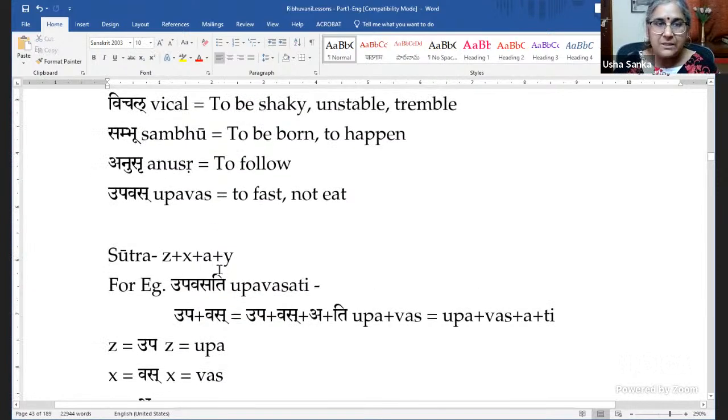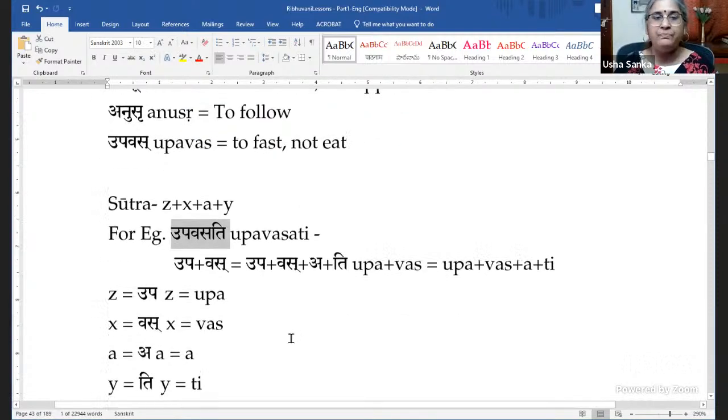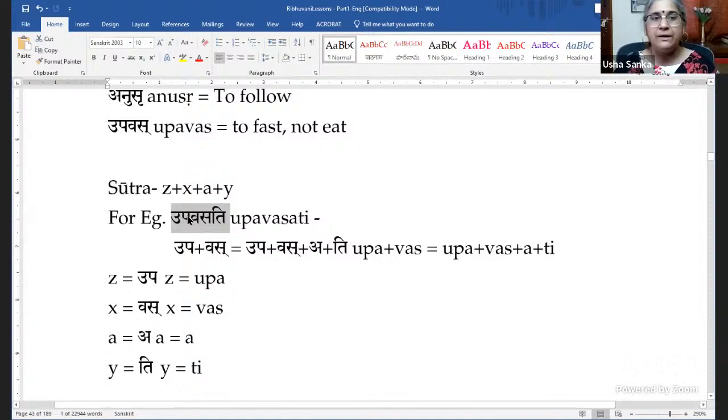You can observe this form. Now we will take this usage. This is the final form along with all the elements required. Now this vas is the dhatu, which is x, and the a, which you see there, is the vikarana pratyaya, the gana marker, and then the t is the suffix termination, which stands for he, she, it.